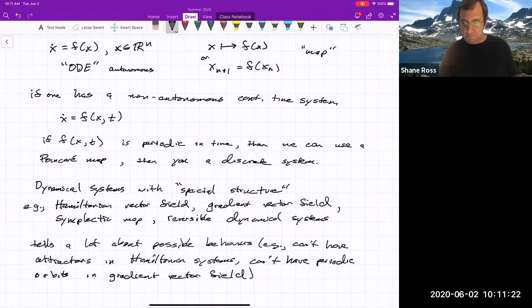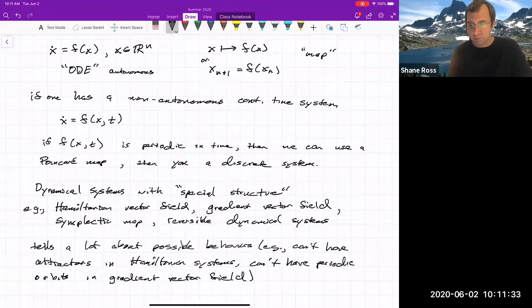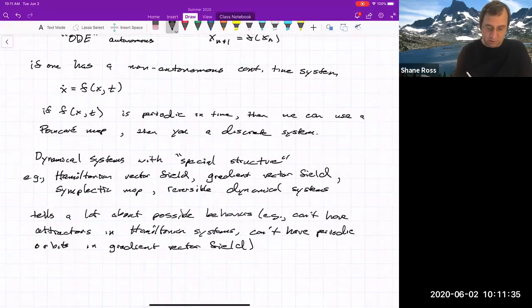And if we do transformations of systems that have special structure, let's say a coordinate transformation to simplify the system, the coordinate transformation needs to preserve the special structure.